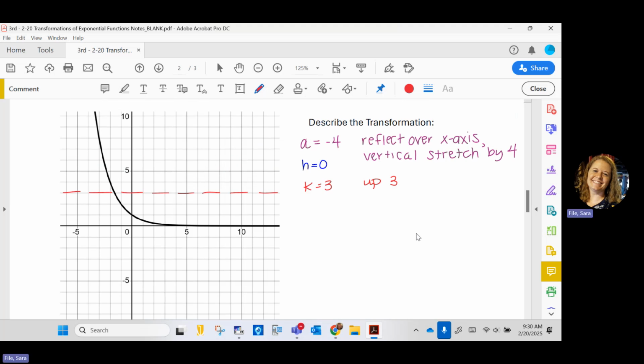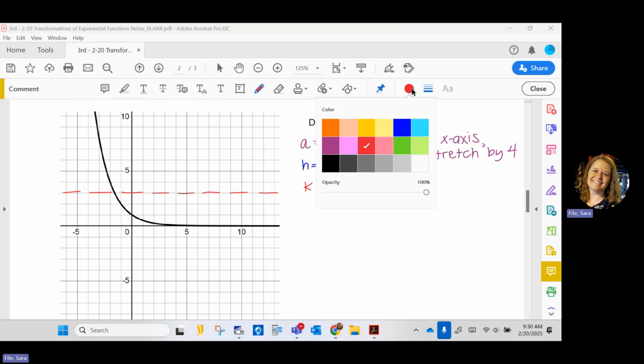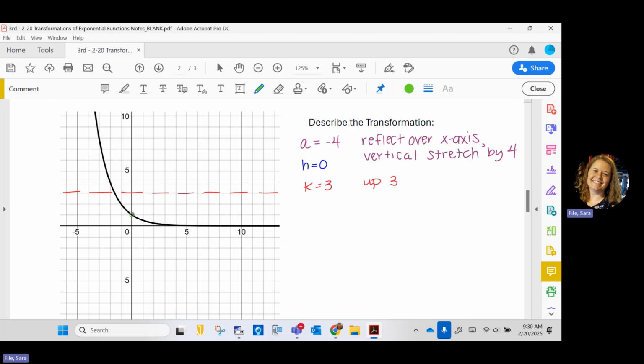Now, for the points, you can do what we did on the last one and just take individual points and make these transformations, or you can use Desmos. Okay, you use the method that you prefer. But let me show you a couple points. So here's this point. The y value is at +1. If I reflect this over the x-axis, it'll be at -1. Yes?